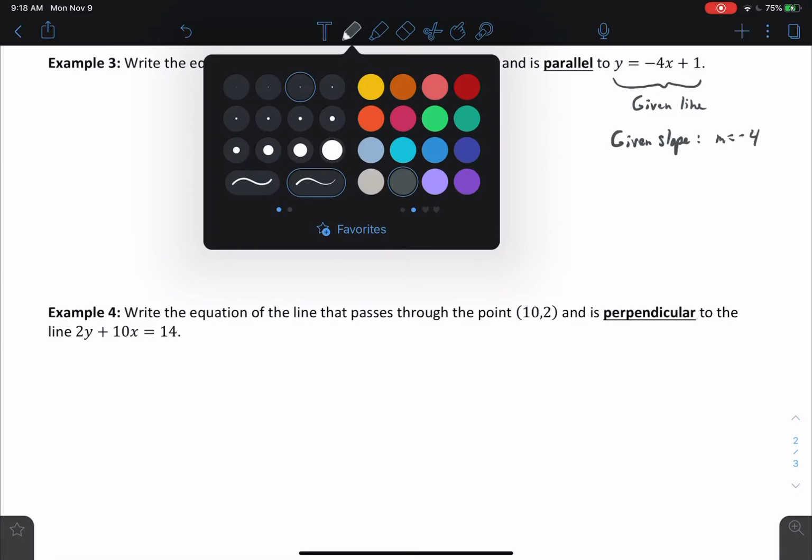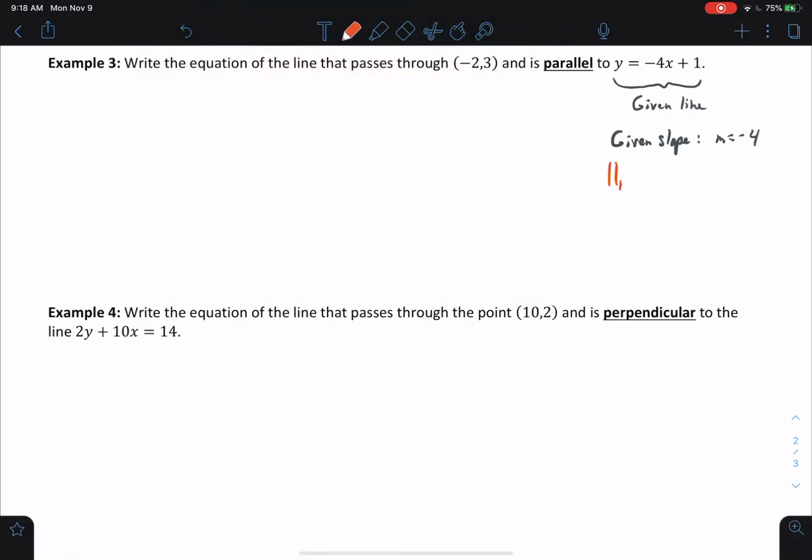What is the parallel slope going to be? The parallel slope needs to be the exact same. Parallel lines have the same slope.